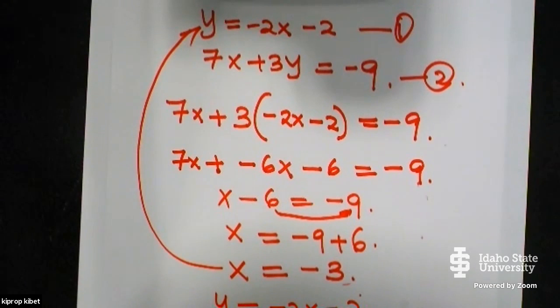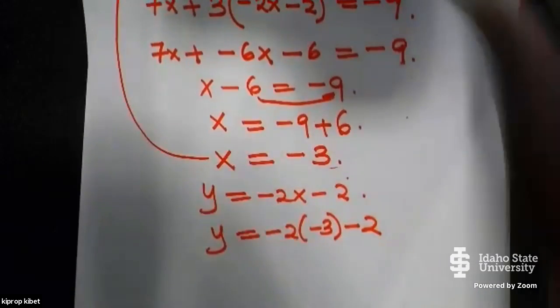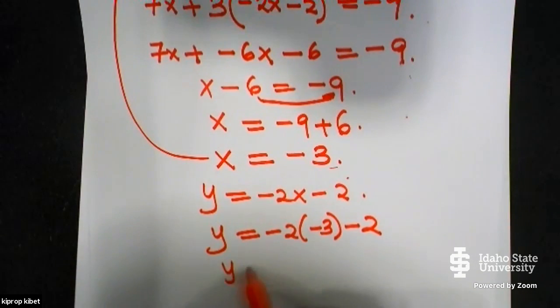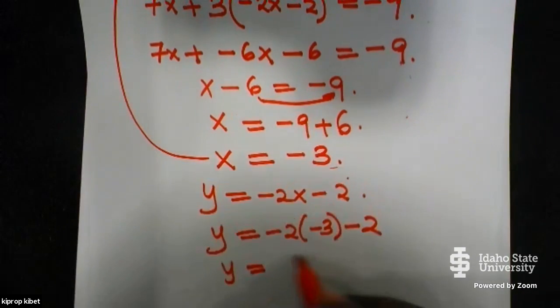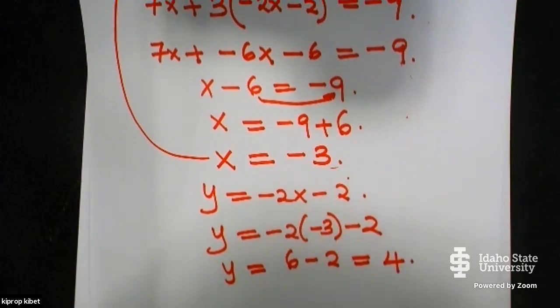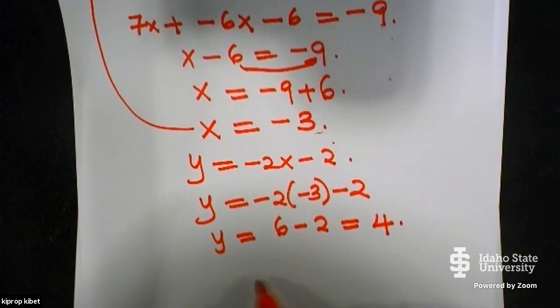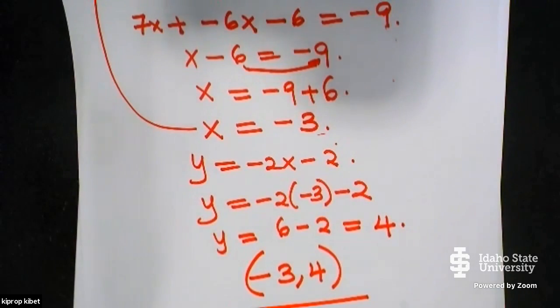So y equals minus 2 times minus 3, which is 6, minus 2. And this one will give us what? So our system will be minus 3.